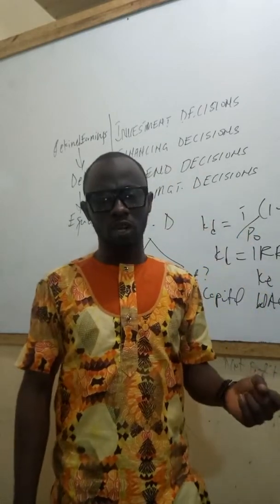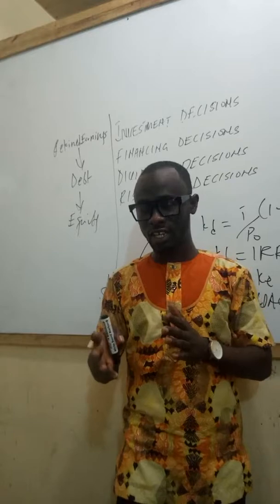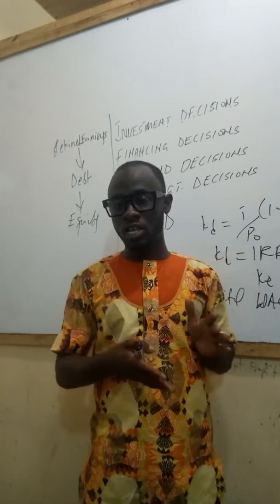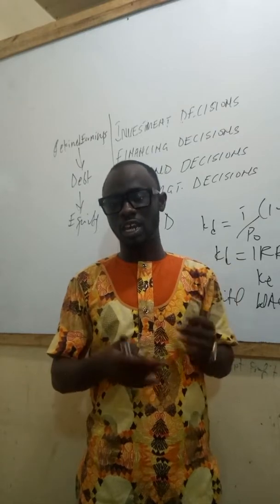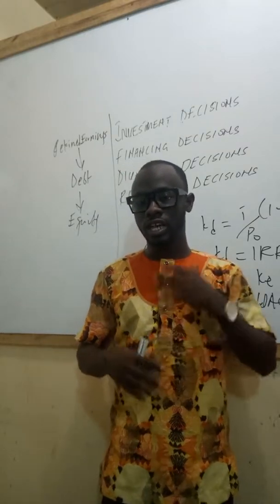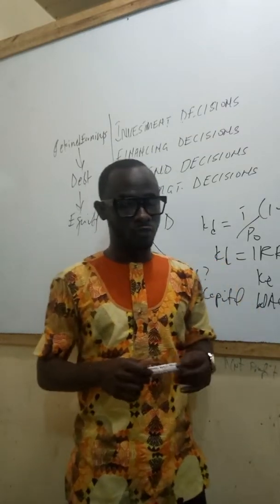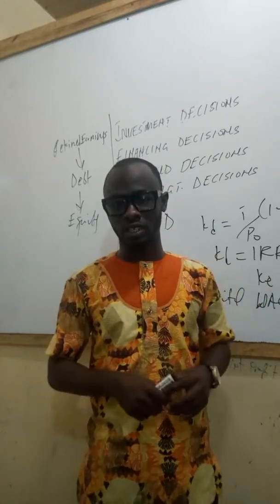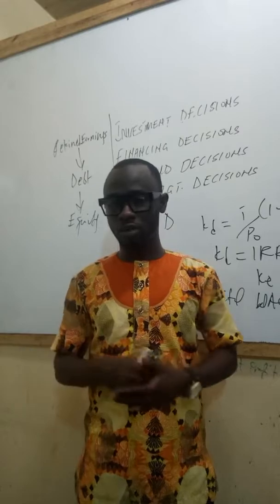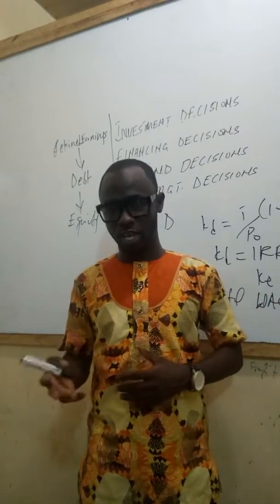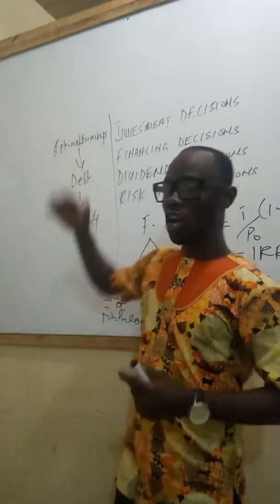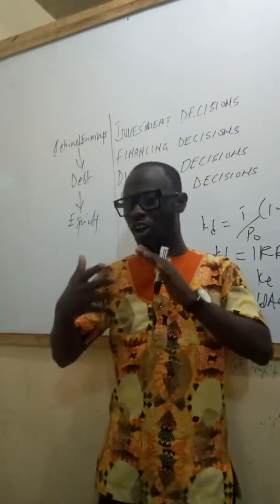A typical example of that is what we saw in the banking sector over the last 2 years, 2016, then 2017, and then last year, 2018. We saw a recapitalization of firms from 120 million Ghana cedis to 400 million Ghana cedis. Many of the firms like EcoBank, UBA, and others had a lot of retained earnings, a lot of reserves.